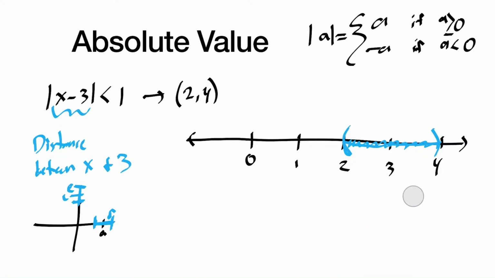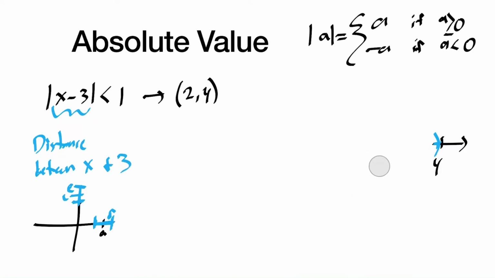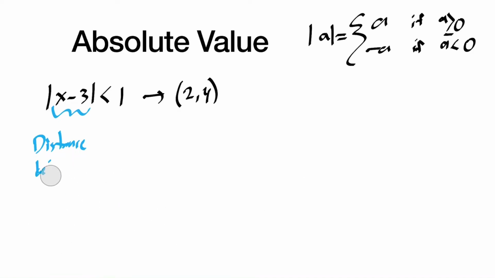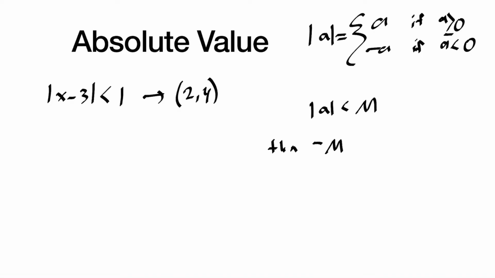Okay, this all comes out really nicely, because we have a theorem that is useful for dealing with absolute values, and it's one we've used several times already this semester. It's just that if the absolute value of a is less than some number M, then that really means a is between negative M and M. Notice if I use that on this application, I can get the exact same answer that I got intuitively.